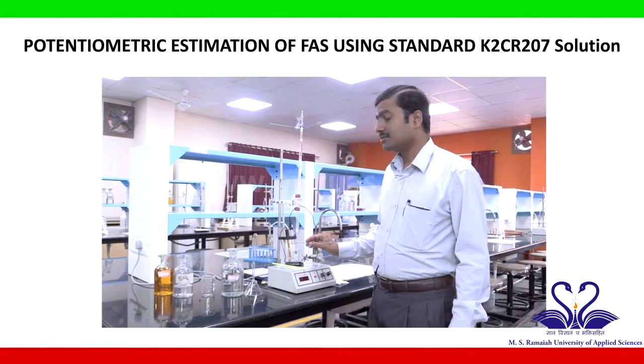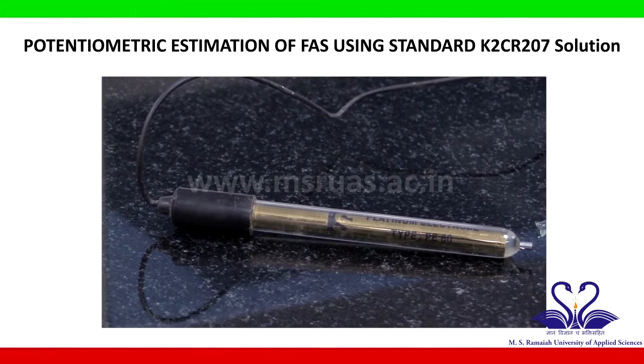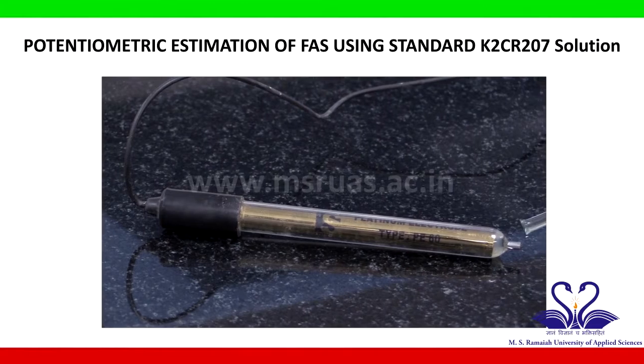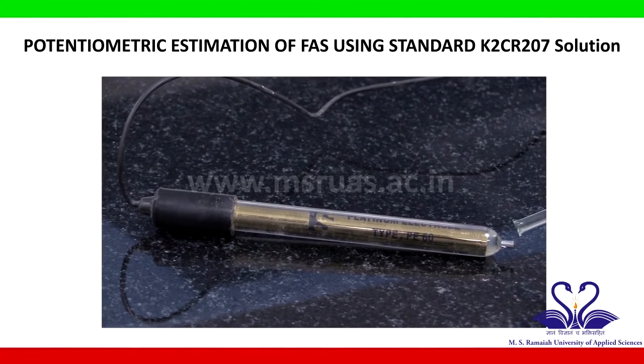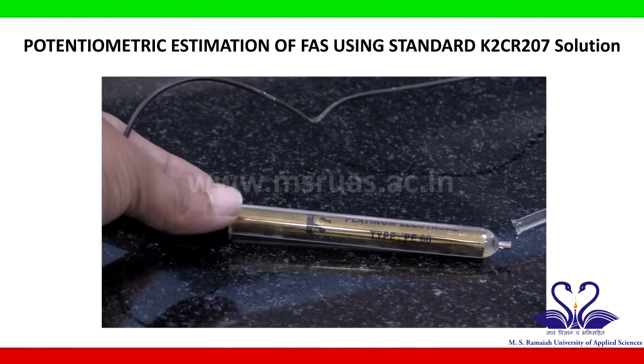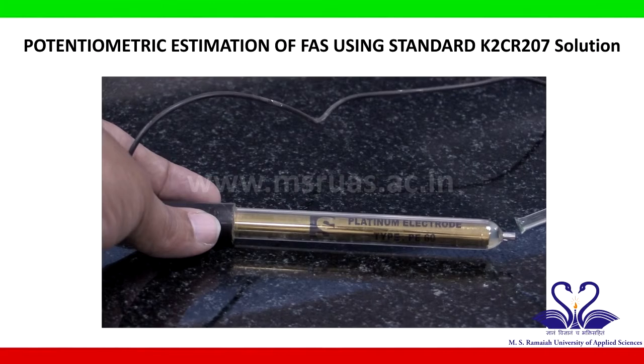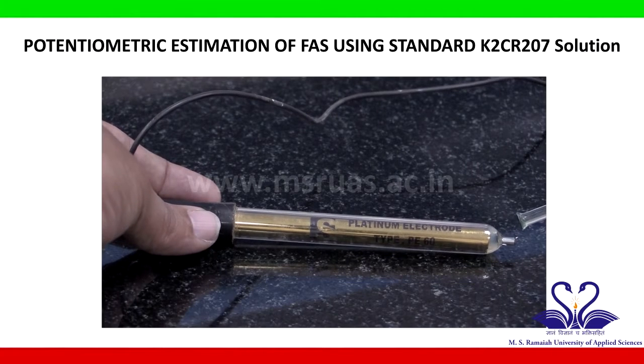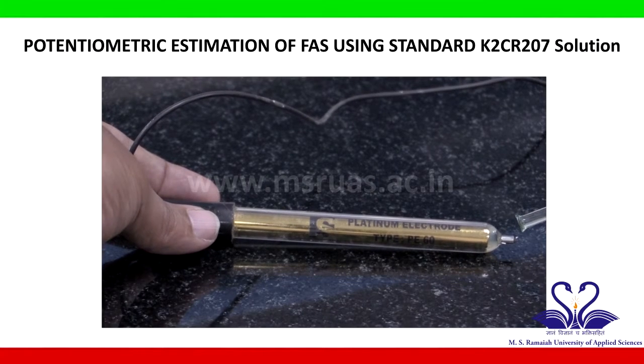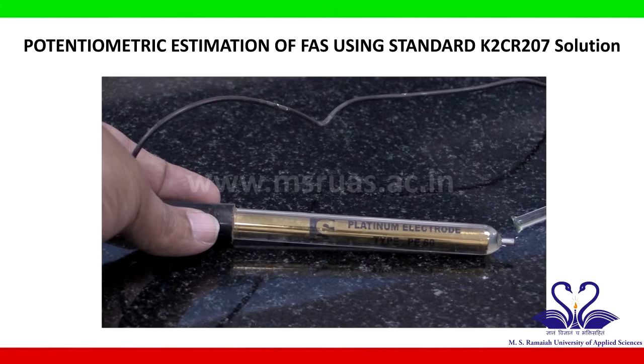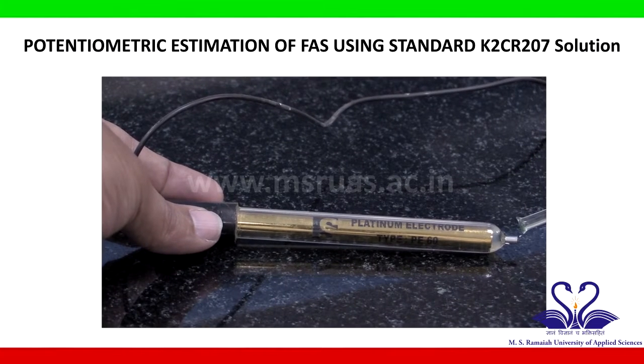A platinum electrode. This is a platinum electrode which works as a working electrode. Platinum is a very stable element and we use it as an electrode in redox reactions because in acidic medium it won't corrode, and it also works effectively as a catalyst for the redox reaction.